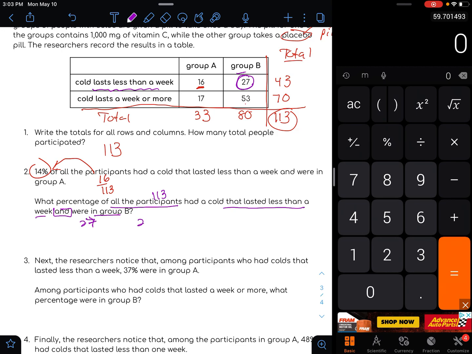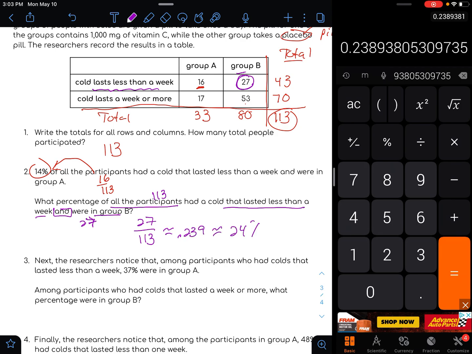So we're talking about 27 out of 113. If we divide those two, 27 divided by 113, we get approximately 0.239, or about 24% of people. 24% out of all the people had a cold that lasted less than a week and were in group B.